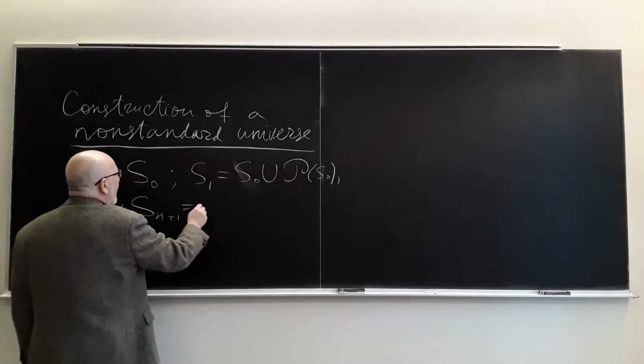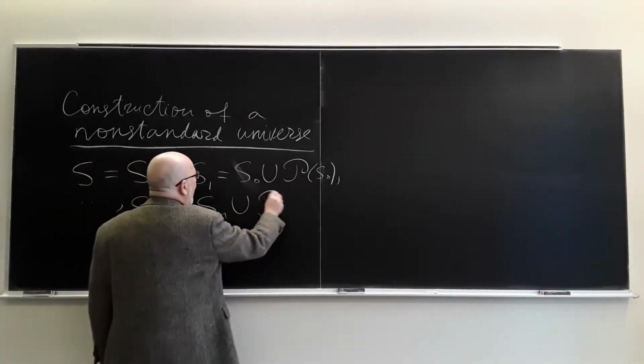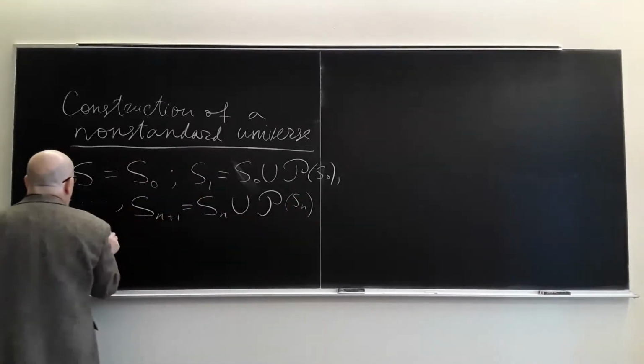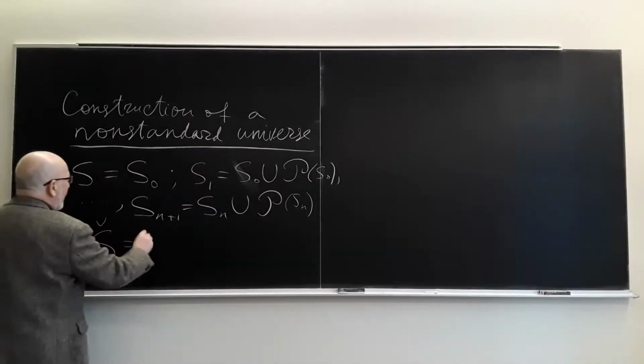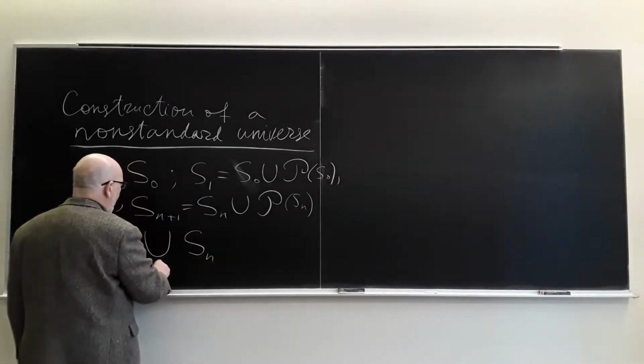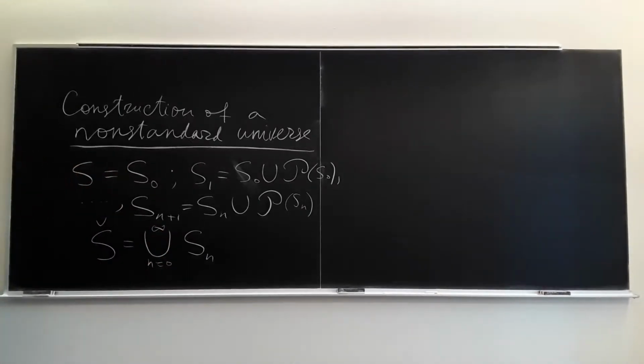Sn+1 is Sn union P of Sn, and S check is the union of Sn from 0 to infinity. So just a countable union of sets. It's okay.